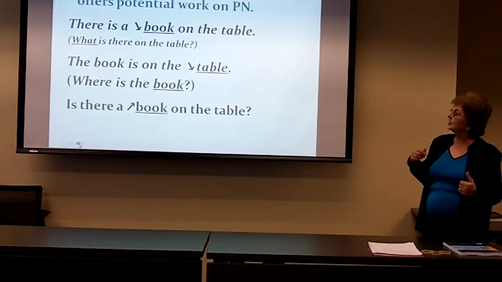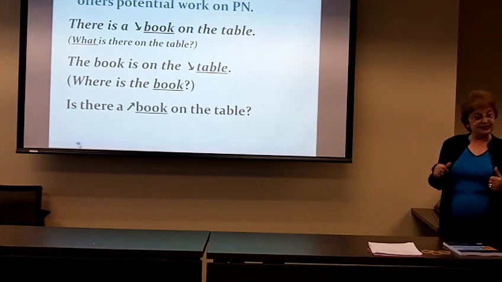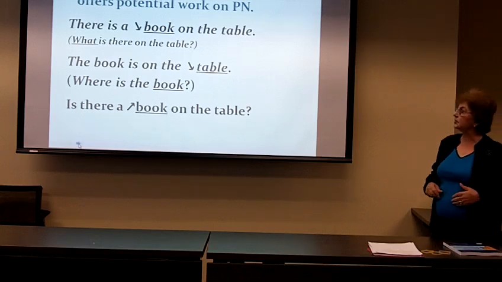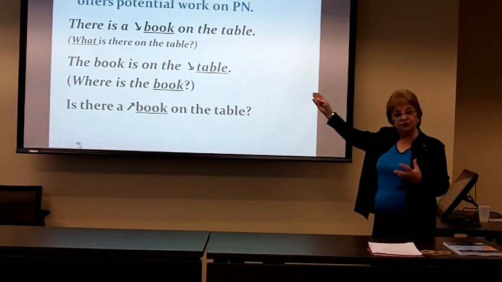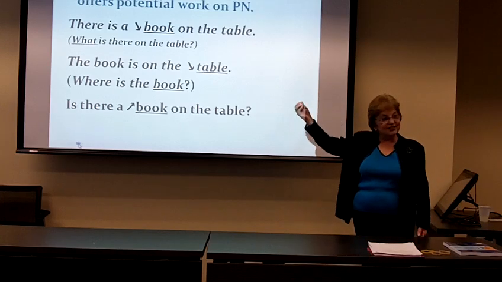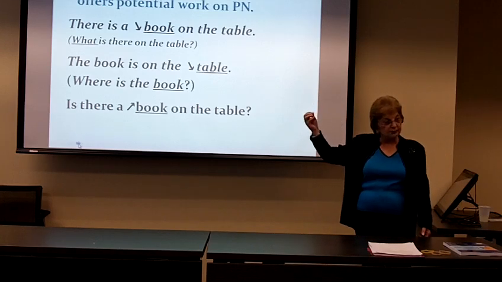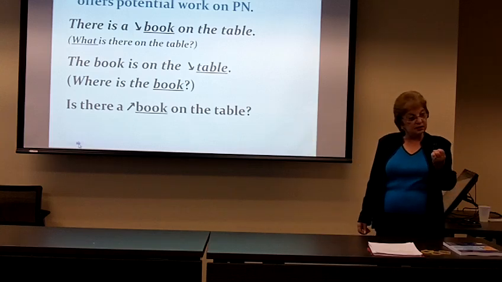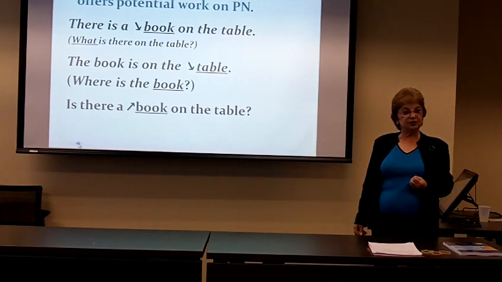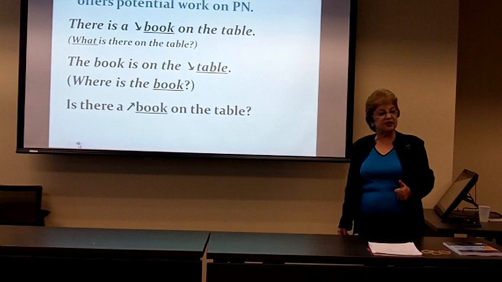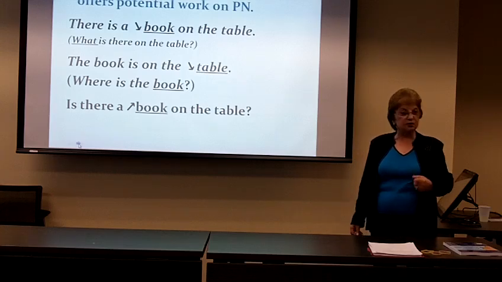Let's move on, please. Now, if you look at the sentence that some of you were doing in class, it's very important to single out the word book, because when you say there is a book on the table, you mean what is there on the table? There's a book on the table.